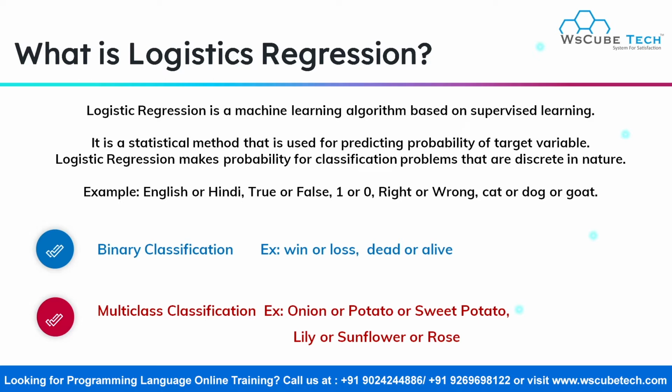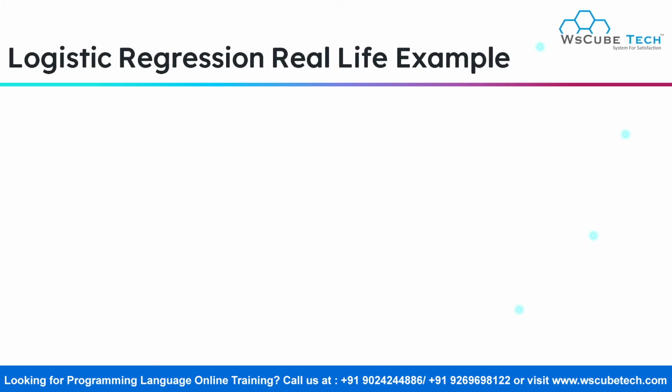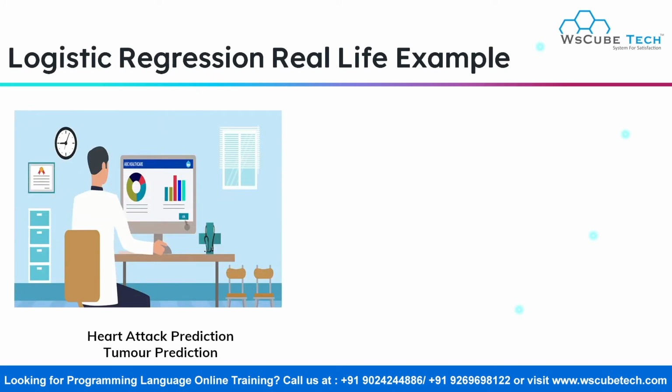Now let me give you real life examples of logistic regression. The first one is in the field of medicine. In medicine, researchers with the help of logistic regression can figure out how likely a particular person's weight or regular time involved in exercise can impact the probability of having a heart attack.